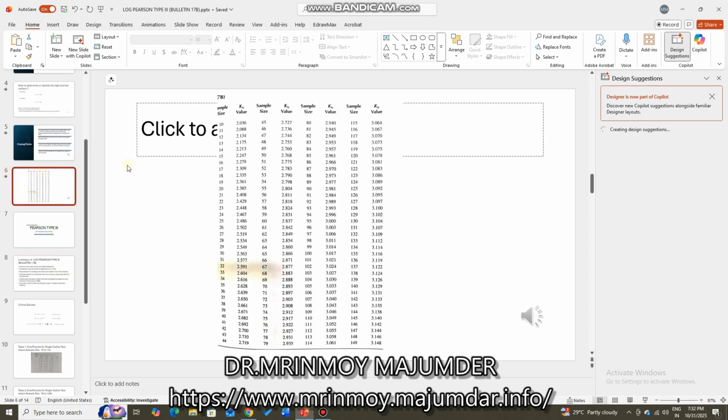And as you can remember, this is the table which has the value of critical deviate, that is K subscript n, against sample size. So from 10 to 149, against each of the sample sizes the K subscript n value is given.